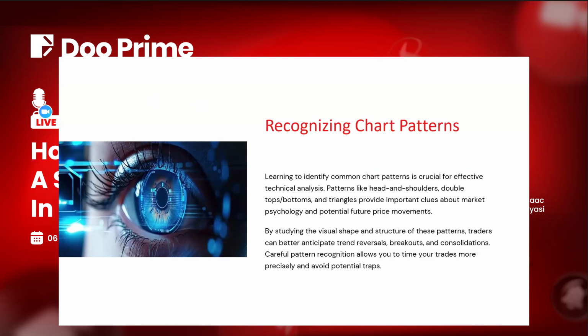So learning to identify common chart patterns is crucial for effective technical analysis. Patterns like head and shoulder, double tops, and triangles provide important clues about market psychology and potential future price movements. By studying the visual shapes and structures of these patterns, traders can better anticipate trend reversals, breakouts, and consolidation.